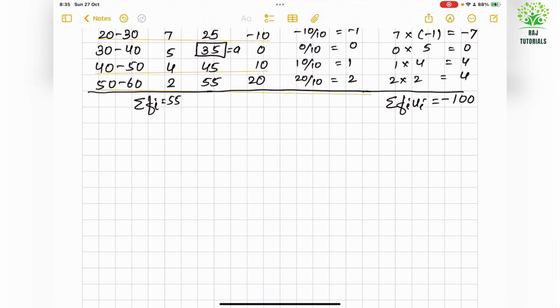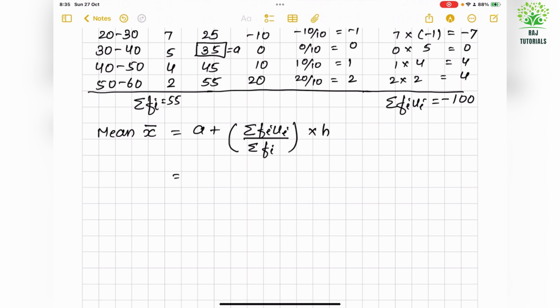Now the step deviation mean formula is mean x bar equal to a plus sigma fi ui upon sigma fi into h. So here a was my 35 plus minus 100 upon 55 into h was 10. So this will be again minus 100 upon 55 into 10.